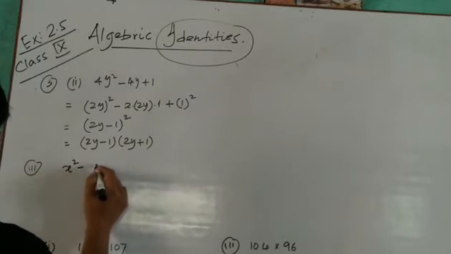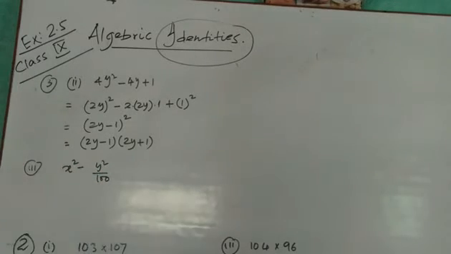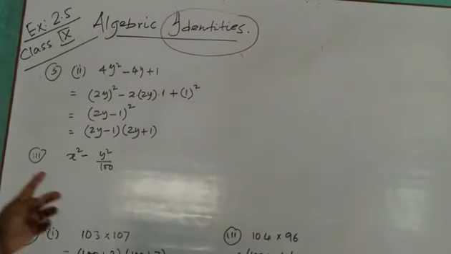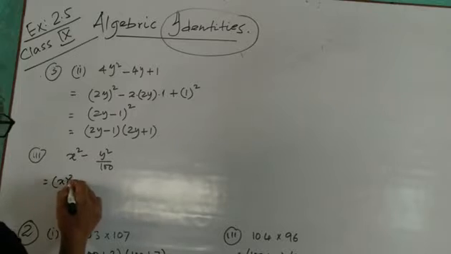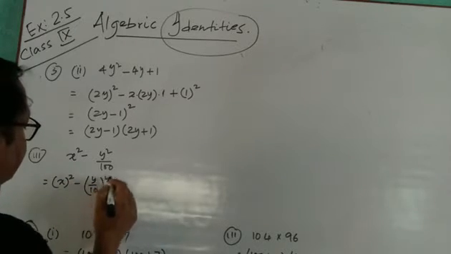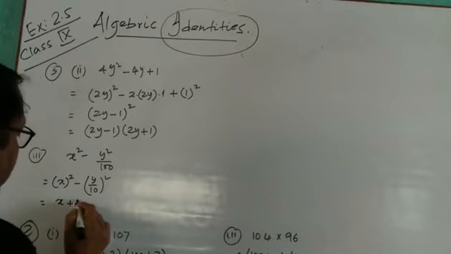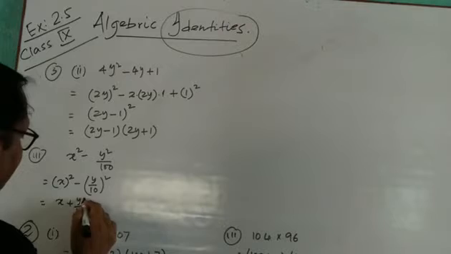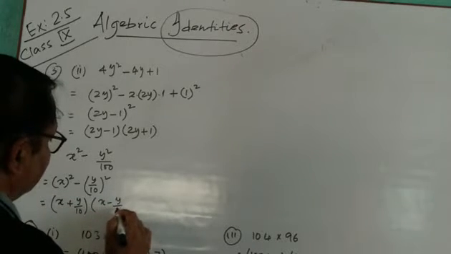x square minus y square by 100. You have to factorize it. It reminds us of a square minus b square. You will simply write x square minus (y by 10) whole square. Now a plus b into a minus b: x plus y by 10 is one factor, and the second one is x minus y by 10.